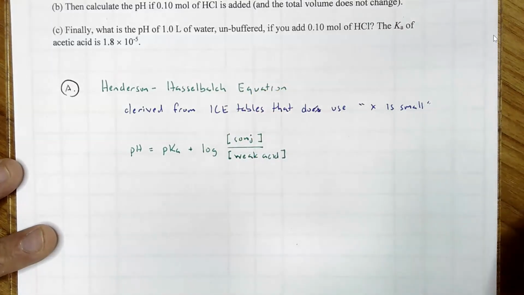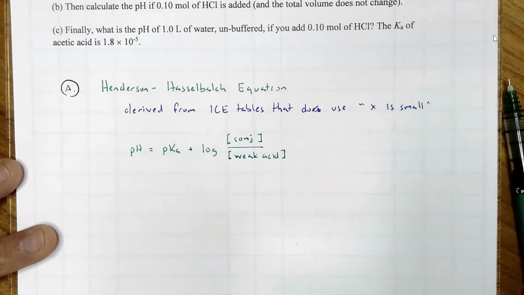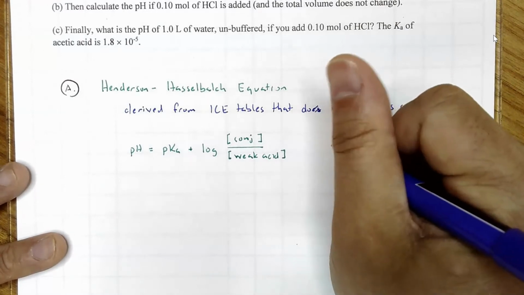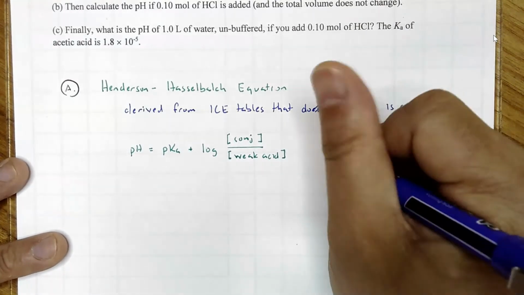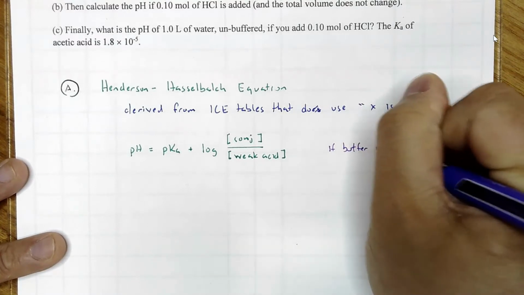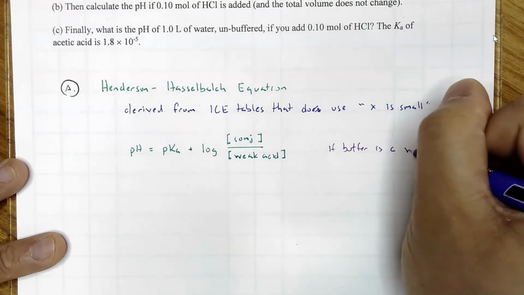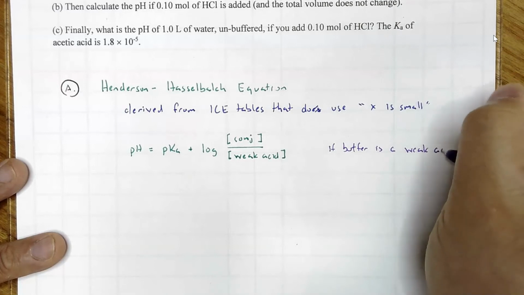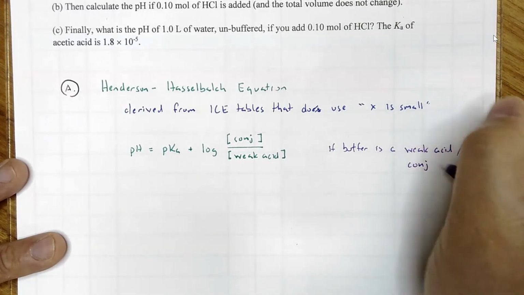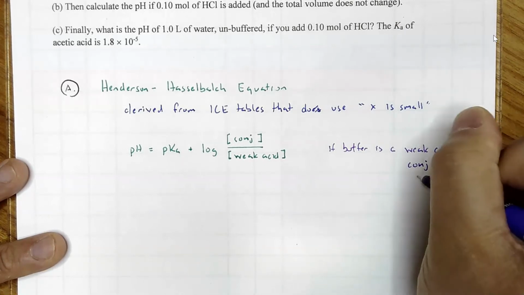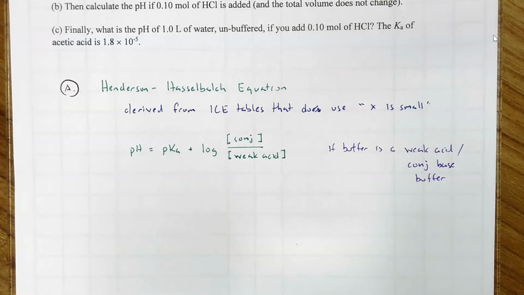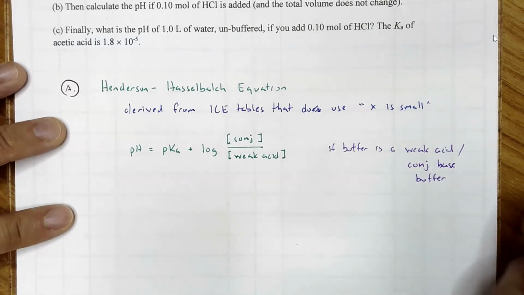Now obviously, or maybe not so obviously, you're going to use this form of the Henderson-Hasselbalch if the buffer is made out of a weak acid. It's a weak acid/conjugate base buffer. All right, let me put that in a box.